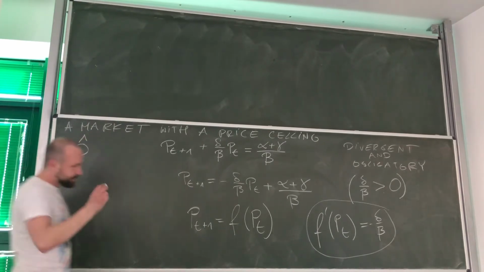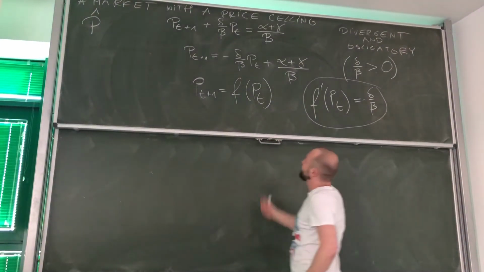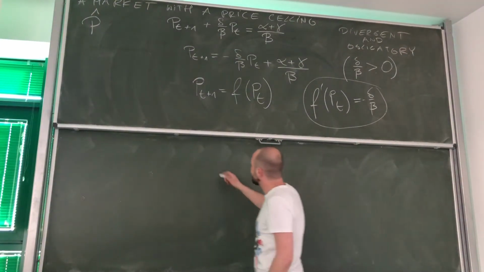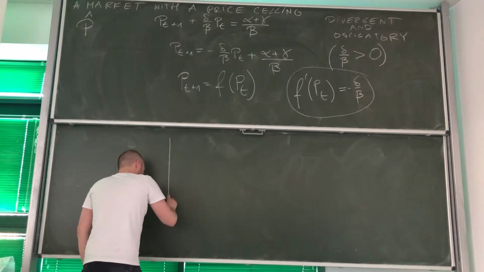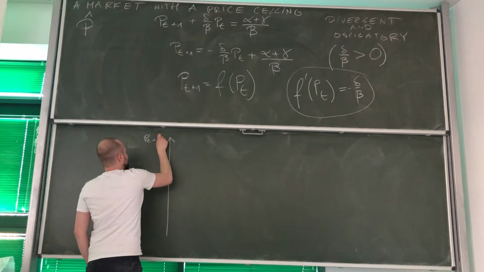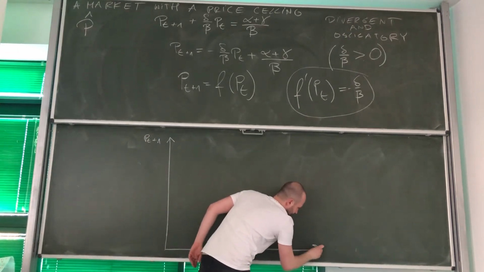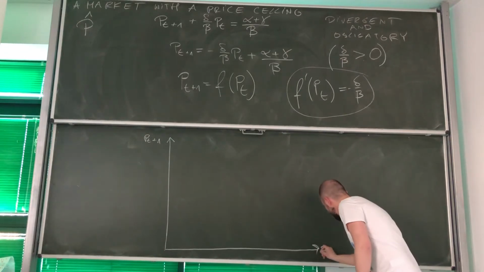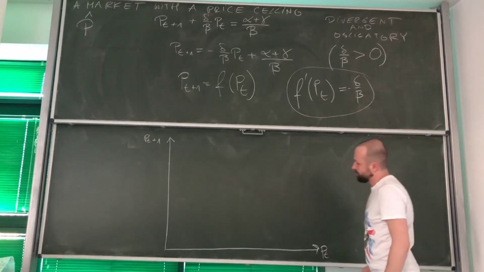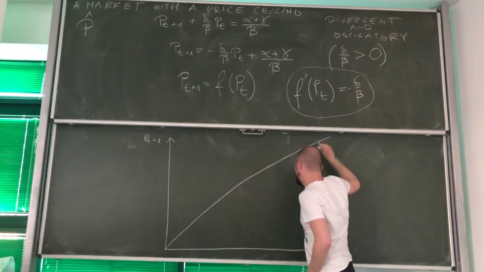Okay, let's now place this on this axis. We're going to have price in time t+1, and over here price in time t. Okay, we of course need a 45 degrees line.